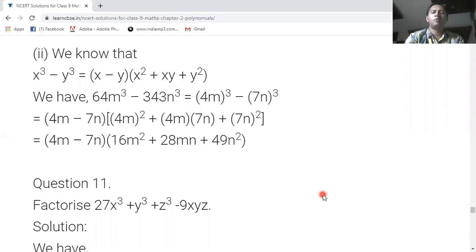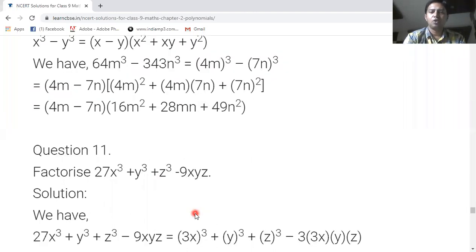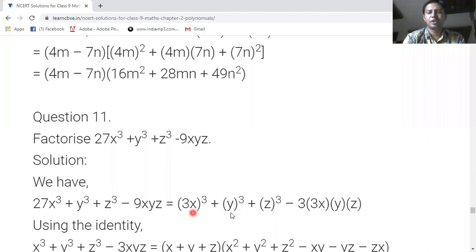This is also in the form of a cube plus b cube plus c cube minus 3abc. That is, 27x cube is nothing but (3x) whole cube, y cube is y cube, z cube is z cube, minus 3 into 3x into y into z will give you minus 9xyz. So we can write this as (3x) cube plus y cube plus z cube minus 3 into 3x into y into z.